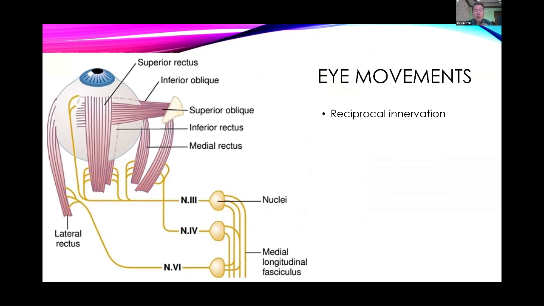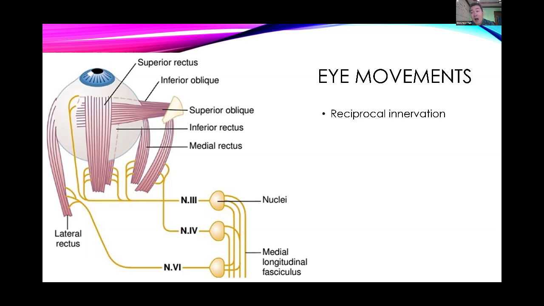we have what we call the MLF, the medial longitudinal fasciculus. Medial longitudinal fasciculus is a cranial nerve nuclei. What did I tell you about nuclei? They are groups of cell bodies found where? Inside or outside the central nervous system? They are found inside the central nervous system.